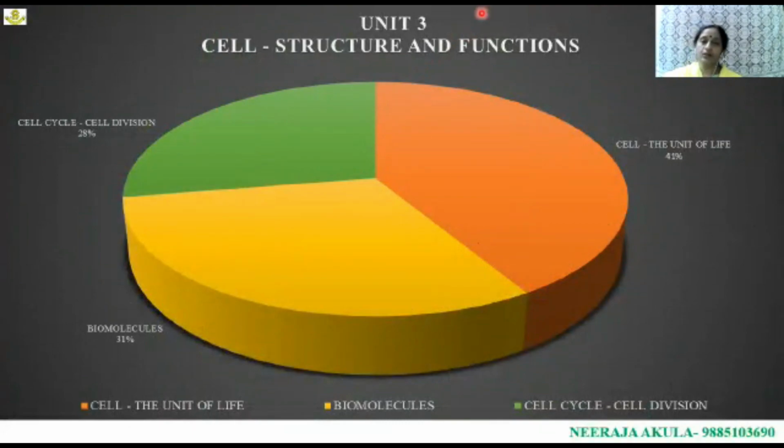And the next, let us see unit 3, cell structure and its functions. It has just 3 chapters: cell, the unit of life, biomolecules, cell cycle and cell division. Here, the maximum number of bits came from cell, the unit of life. So focus to the maximum extent on this particular area.